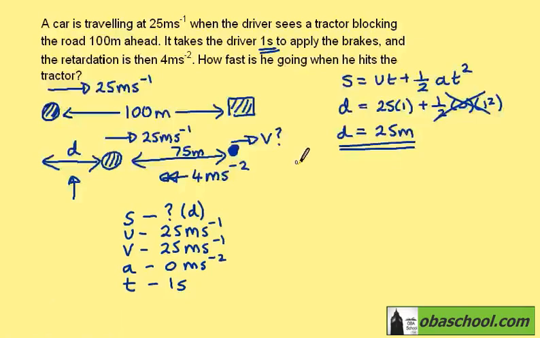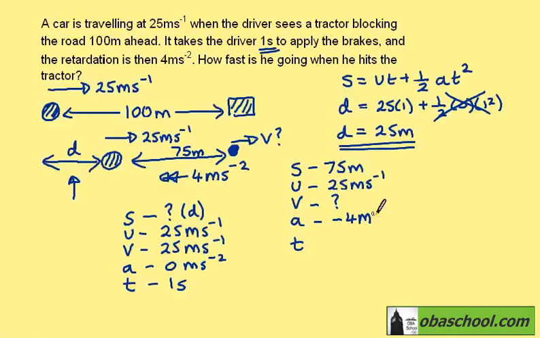Considering this part of the motion, using SUVAT to collect our information, we've now found that the remaining distance is 75 meters to the tractor. The motion starts at 25 meters per second. We want to know the final velocity, and the acceleration is now minus 4 meters per second squared.